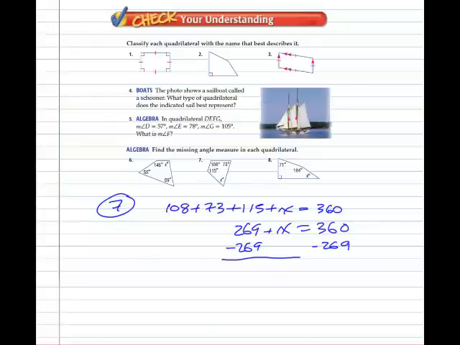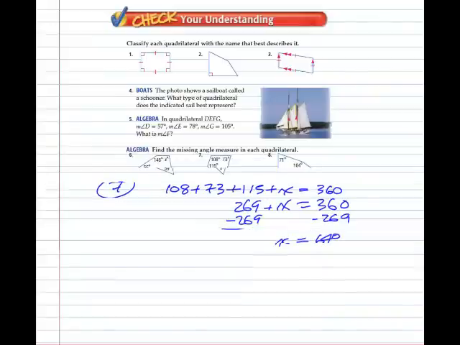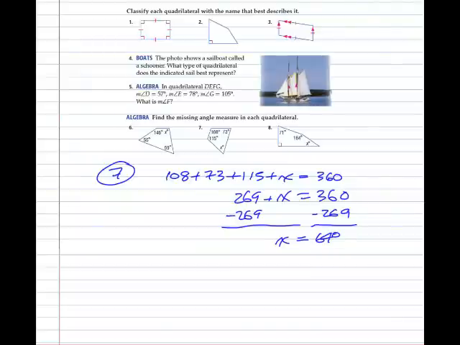Subtract 269 from both sides to undo that addition. Isolate the variable. We get then X equals 64 degrees. Somehow that doesn't look right to me. I might have to go back and look at that.